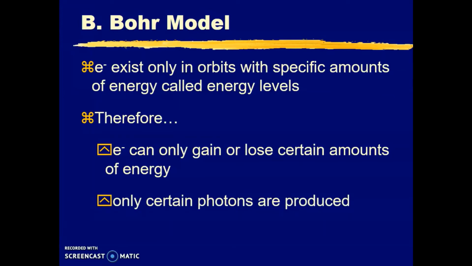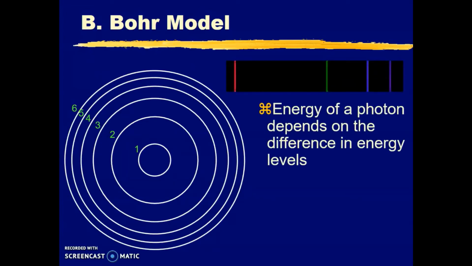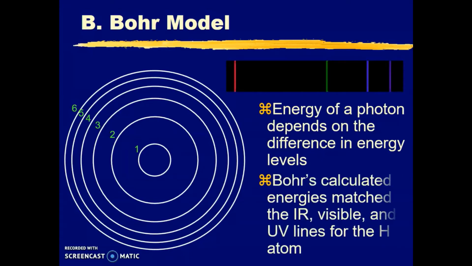Which also means that only certain photons are produced as you change the levels. So certain levels represent certain colors, and it depends on the amount of energy, the energy difference. When it goes from orbit to orbit, it's a specific amount of energy that is released.